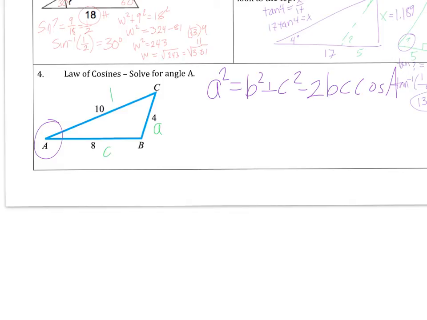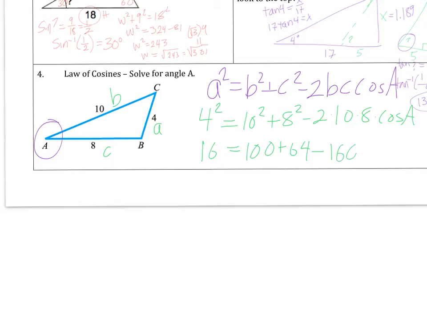A, that's C, and that's B. 4 squared is equal to 10 squared plus 8 squared minus 2 times 10 times 8 times cosine of A. 16 is equal to 100 plus 64 minus 160 cosine A.